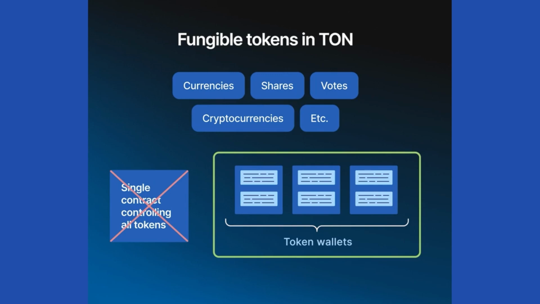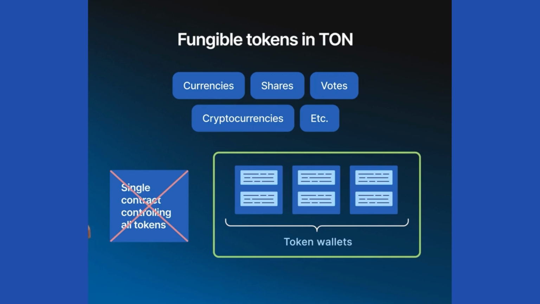And in TON, those fungible tokens are implemented in a scalable manner. How does it work? Unlike some other blockchains, in TON, you don't have a single contract that keeps track of all the accounts that own portions of the token or the units of the token. Instead, there is a multitude of independent contracts with the same code that are called token balances or token wallets. And every user's wallet communicates directly with their own token wallet.